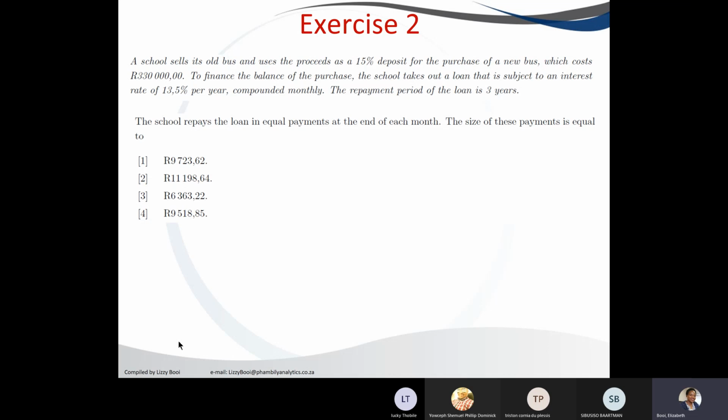Remember, the bus costs 330,000. So the present value would be 15% of that, of the 330,000, which will tell us the deposit that he paid. Then the balance of that will be the loan amount. So what was your present value amount after taking away the 15%?